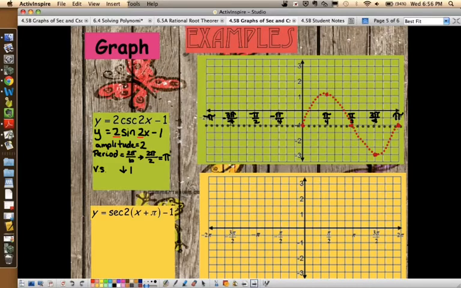So again, this is just one cycle of it. And where we have zeros of the function, as you can see right here, and here, and here, those are the zeros of this particular function because those are the ones that are landing on that horizontal bar. That's where we're going to put the asymptotes. Again, this is where the cosecant would be undefined.